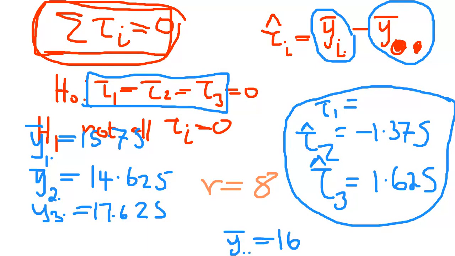But here, when you add negative 1.375 and 1.625, you get 0.25. So for you to get 0, tau 1 is supposed to be negative 0.25, so that when you add the 3, you get 0. Now the condition is not violated.